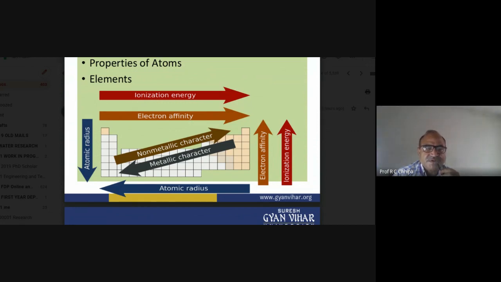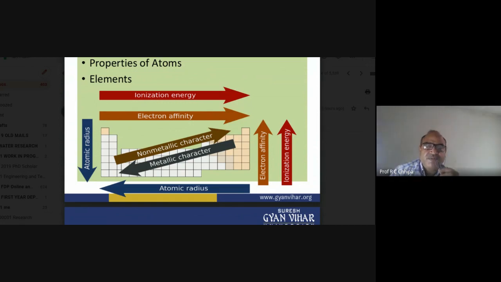The example is well known, electropositive element and electronegative element. So suppose we take electropositive sodium and electronegative chlorine. So both have the characteristics and form sodium chloride, that is the table salt.